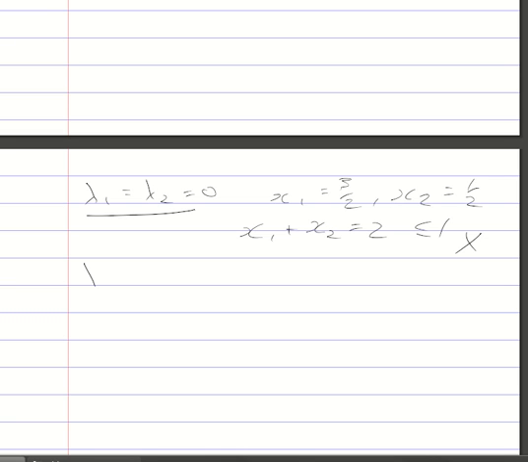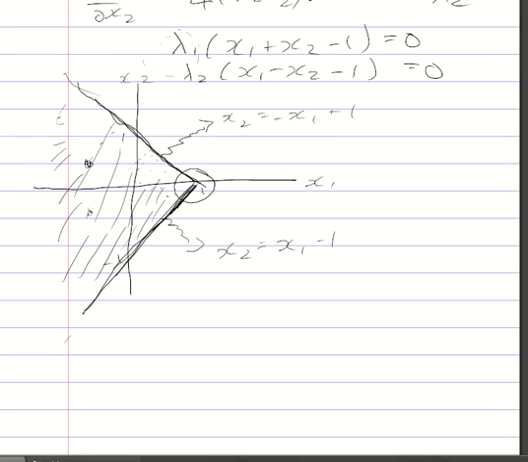Now for the next one, let's try lambda 1 not equal to 0, lambda 2 not equal to 0. Now, as I've said before, this implies that the solution must lie on the boundary of the region.